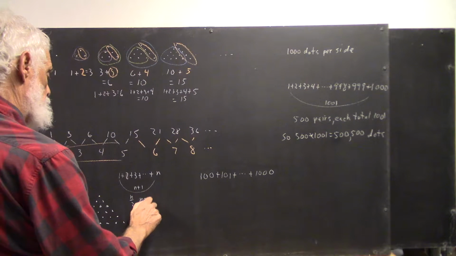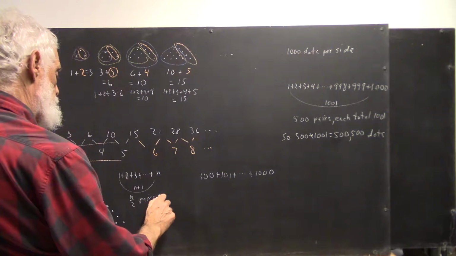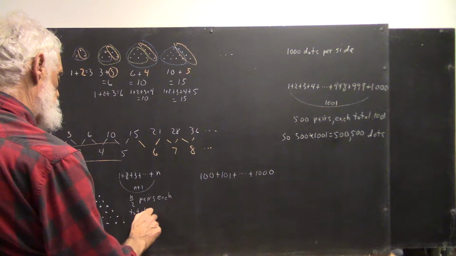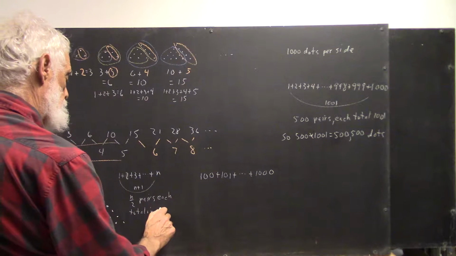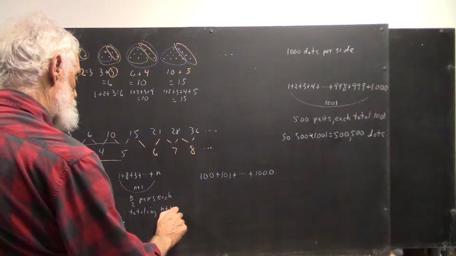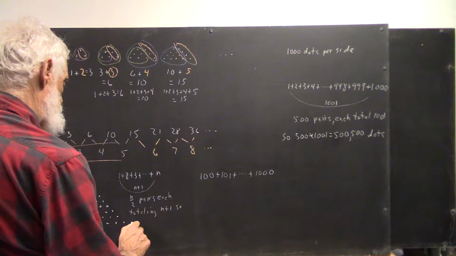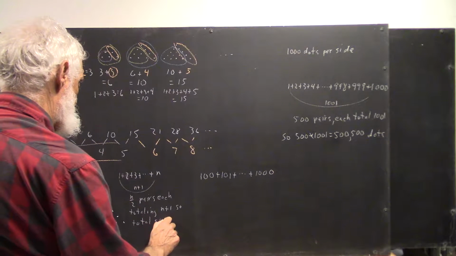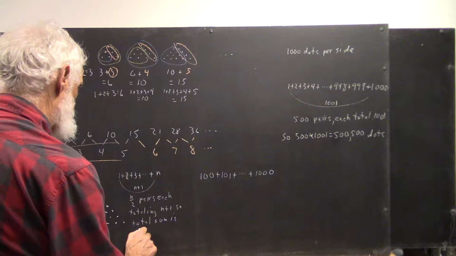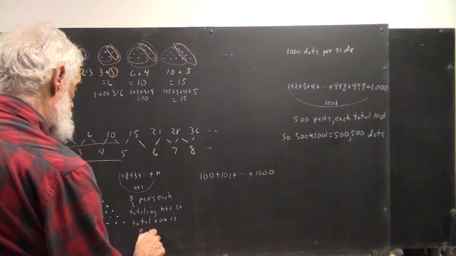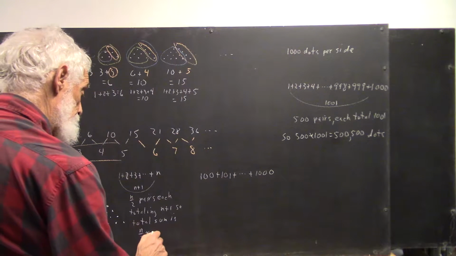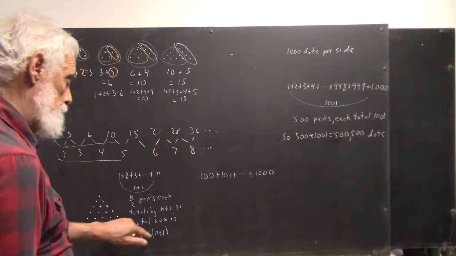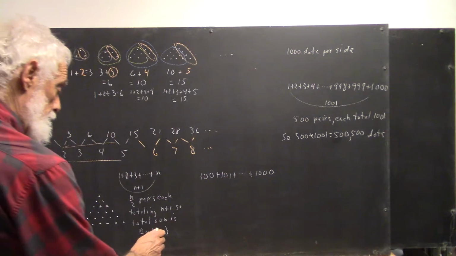We have n over 2 pairs, each totaling n plus 1, so the total sum is the number of pairs times what each pair adds up to. That is n plus 1.